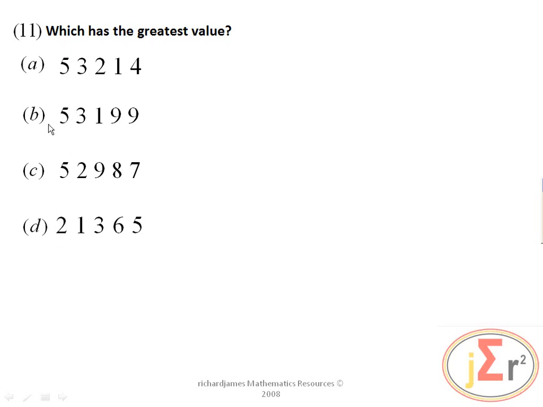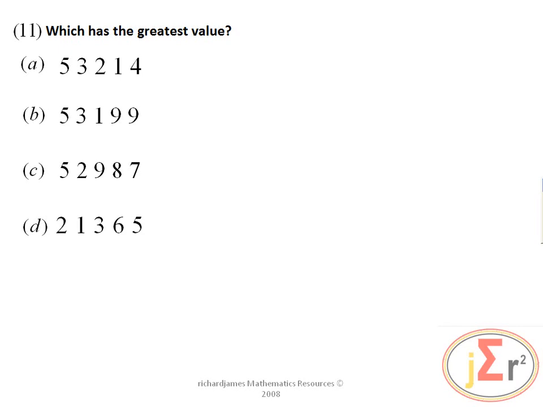And notice that 5 is present here, here, and here. Because 5 is the largest digit in the largest place value column, and it is present in all those 3 numbers, it means that we will have to check other digits.